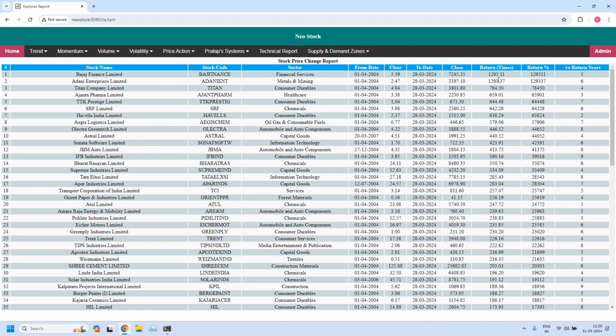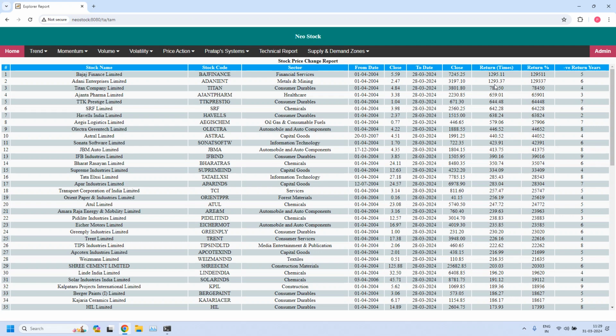That means if you would have invested 1 lakh rupees in Bajaj Finance exactly 20 years back, today you would be getting 12 crores 95 lakhs rupees. That would have been your profit. That is extraordinary, right? And Adani Enterprises, if you would have invested in Adani 20 years back, today you would have got 12 crores 93 lakhs rupees.